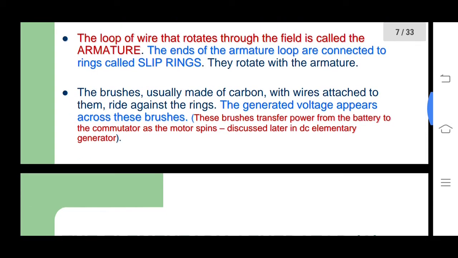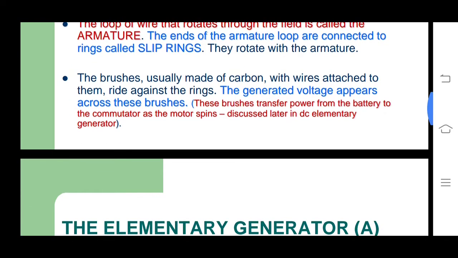The loop of wire that rotates through the field is called the armature. The ends of the armature loop are connected to rings called slip rings, which rotate with the armature. The brushes, usually made of carbon with wires attached to them, rest right against the rings.